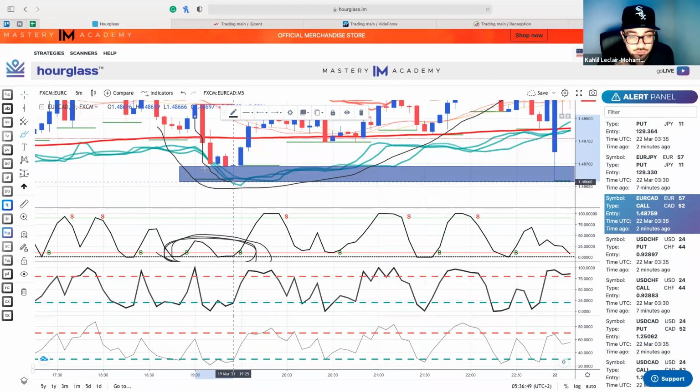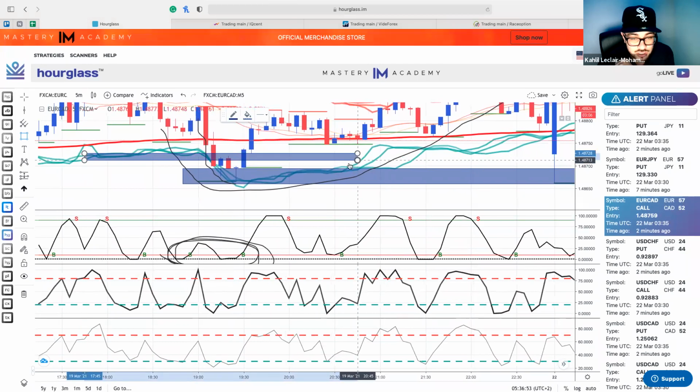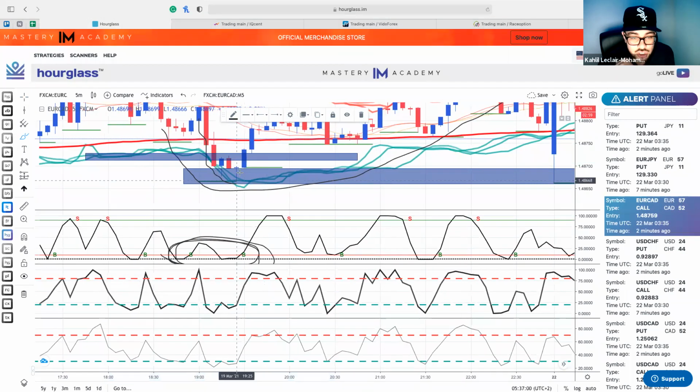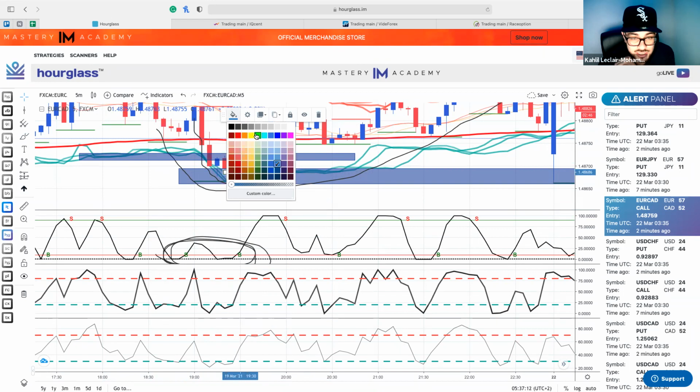What you want to wait for is a shift in direction. So you want to see these candlesticks start to move in the opposite direction. And what you do is you take advantage of that. You get an up arrow right here that looks like this.